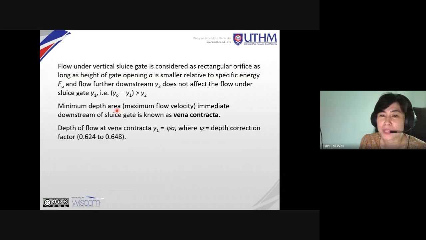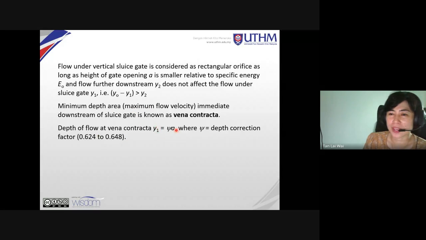Minimum depth area, maximum flow velocity. You know that with constant discharge, Q equals A times V. That means Q is directly proportional to A and V. If A is small, V is large.